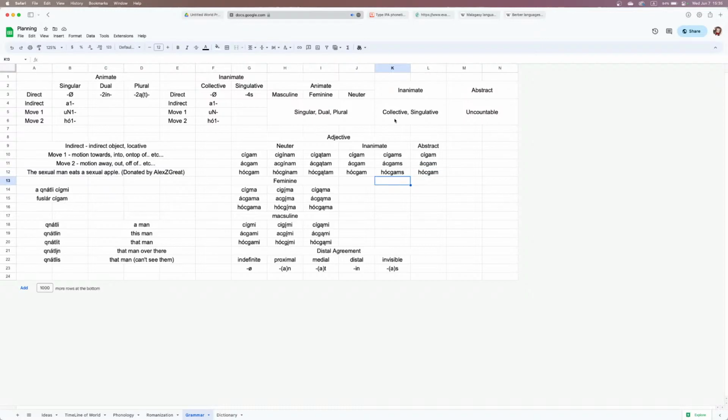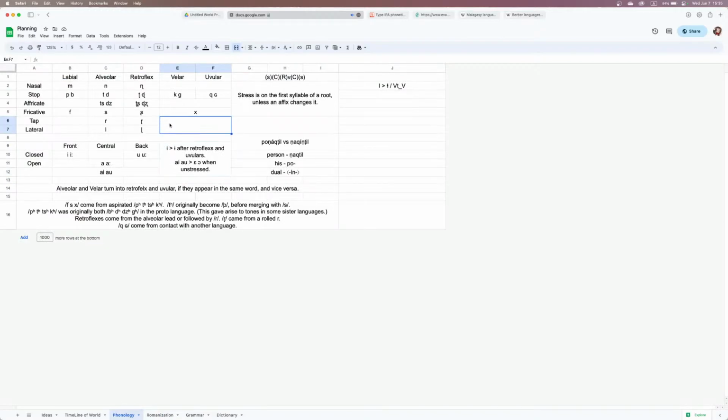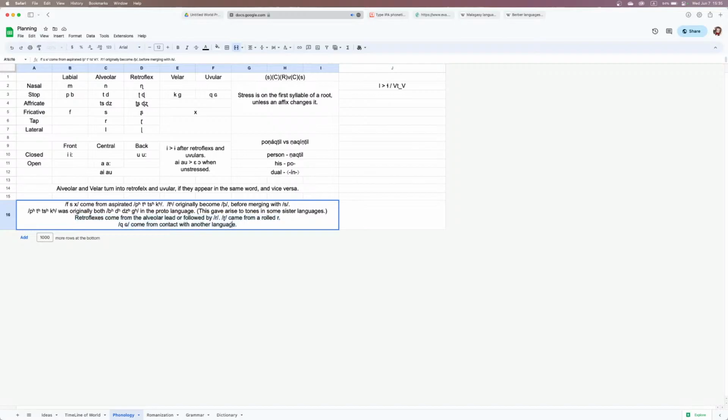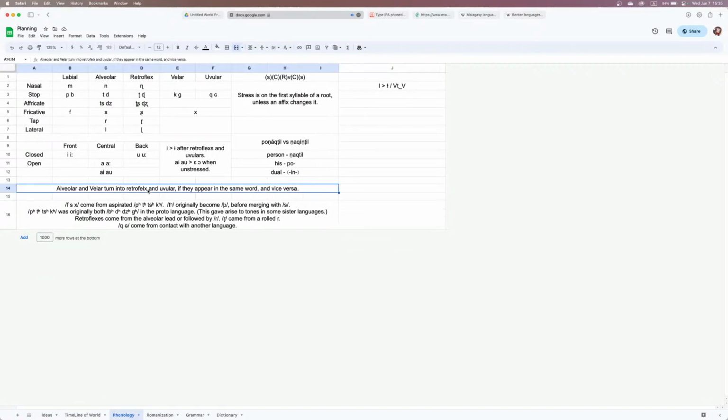Okay, so probably a good idea to start working on actual documentation. Oh, before that, actually, I want to go over some changes I made to the phonology, and some historic changes that led to the modern phonology. So, I got rid of the uvular fricative.